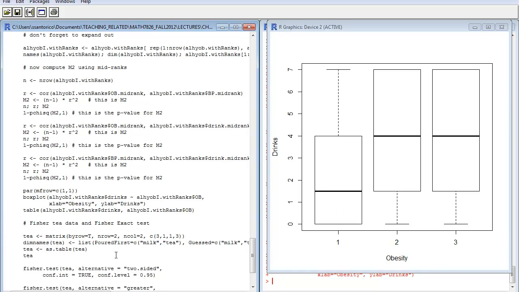The other thing I looked at, so at least you could see that it does go up from 1 to 2 and 3. Right, so perhaps for the low category of obesity, you have less drinking versus having higher levels of obesity, you start getting into higher levels of drinking. So maybe that's where some of that extra information is coming from.